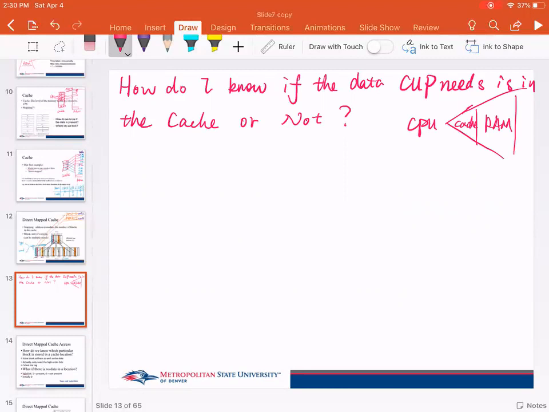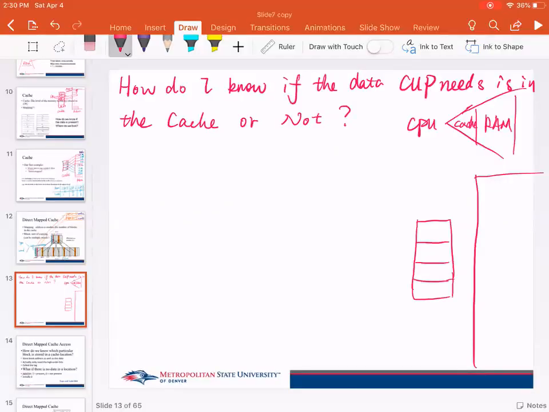But if that piece of data is not in the cache, then I have to go to RAM to find it, right? So suppose my RAM looks like this. So this is my cache. This is my RAM. The main memory is called RAM.